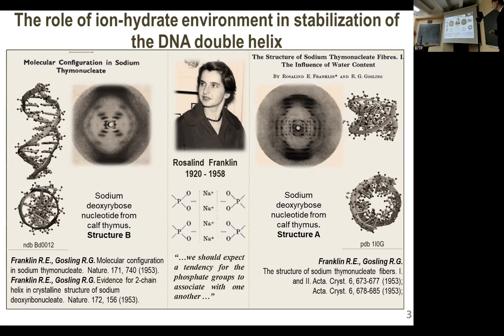And if we read the paper, which is 70 years old, by Rosalind Franklin, she put in her paper this scheme where she indicated that the phosphate group should be neutralized by metal ions, in particular sodium ions, that are always present in the solution.